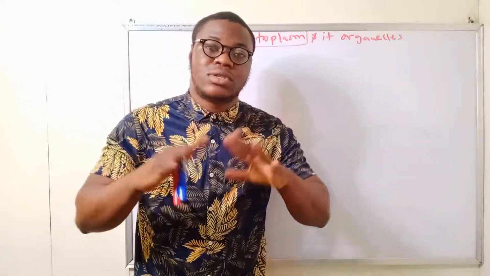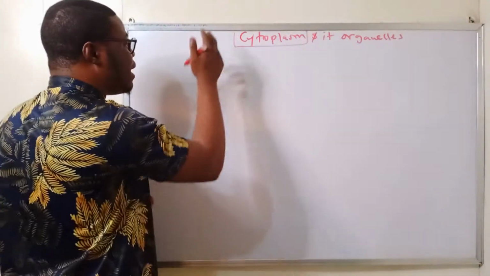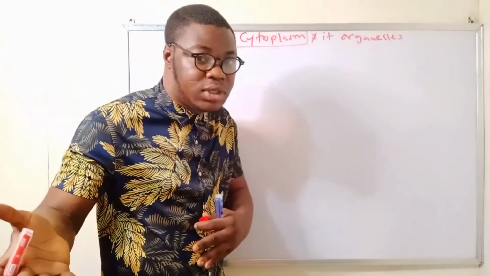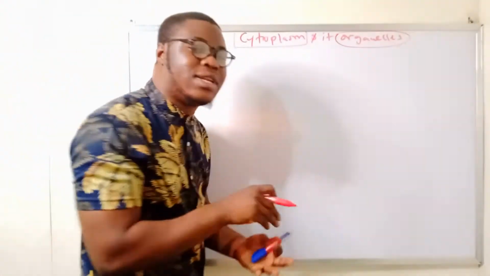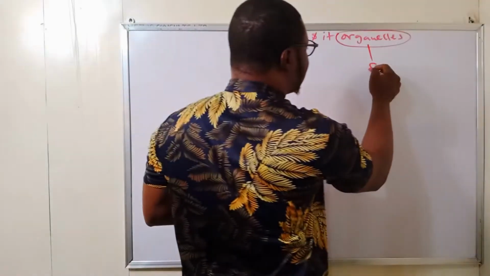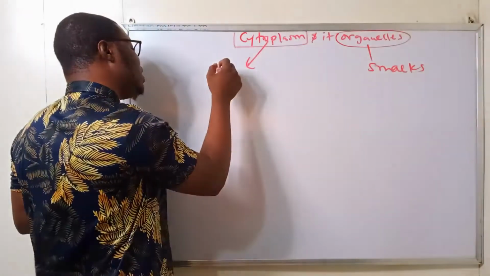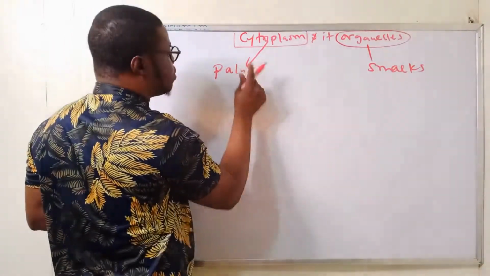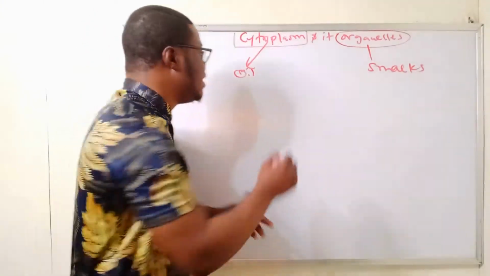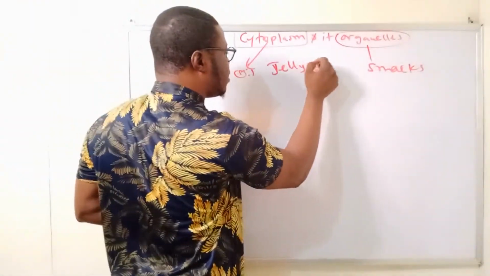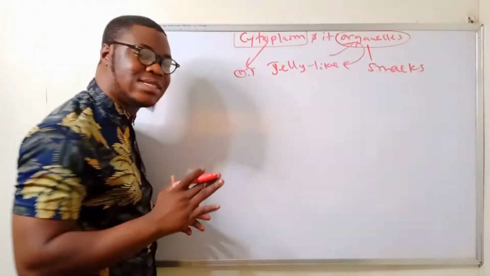So if you want to define your cytoplasm like that, you can say the cytoplasm is a jelly-like fluid in which all the cell organelles are suspended. So the cell organelles are the snacks, while the cytoplasm is the palm oil, or the groundnut oil. So that's the oil. If you want to define cytoplasm, you can say it's a jelly-like fluid in which all the cell organelles are suspended. As simple as that.